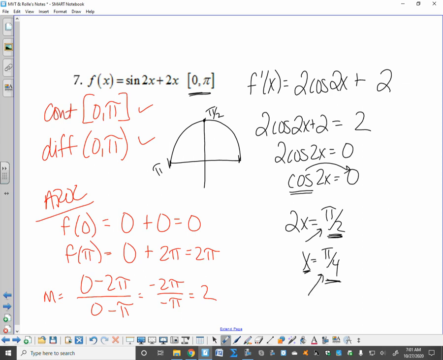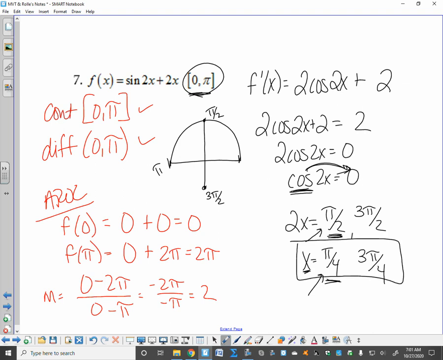I need that to be in my interval. So what if we picked this guy also? Because down here at 3 pi over 2, cosine is 0. So if I included him and then I divided by 2, that would give me 3 pi over 4, which is still in my interval 0 to pi. So this guy has 2 answers.